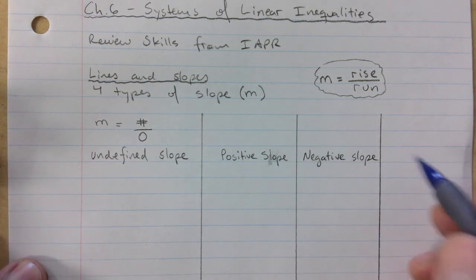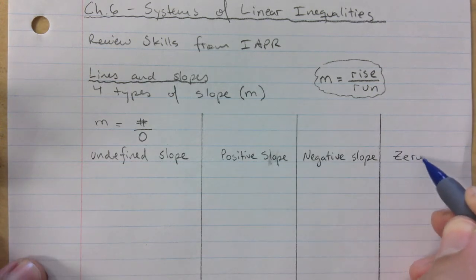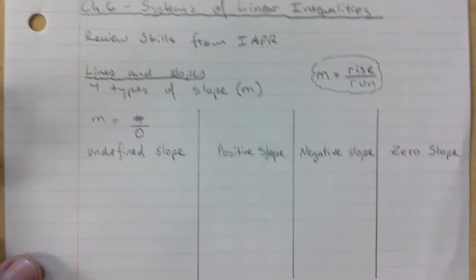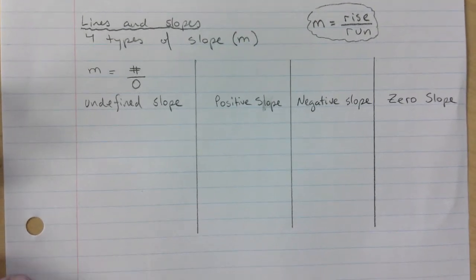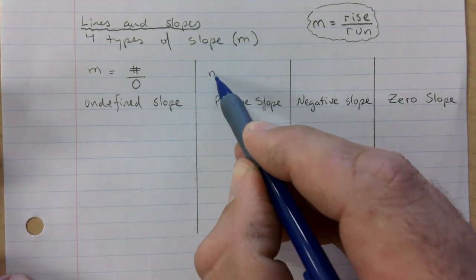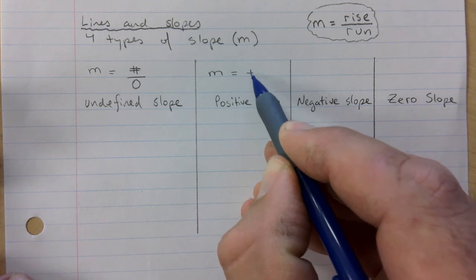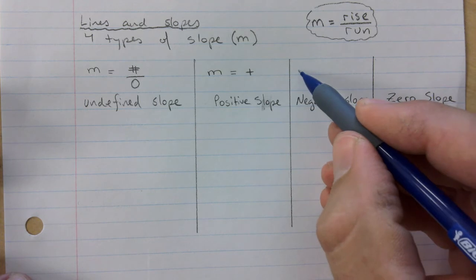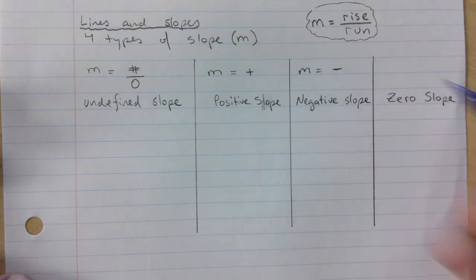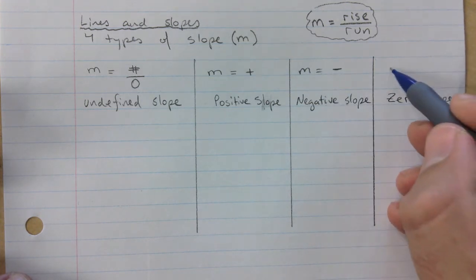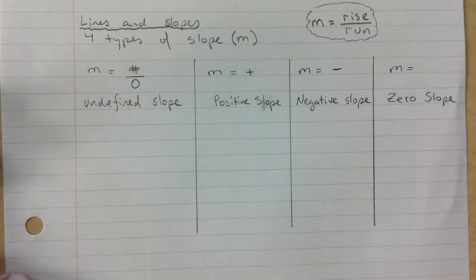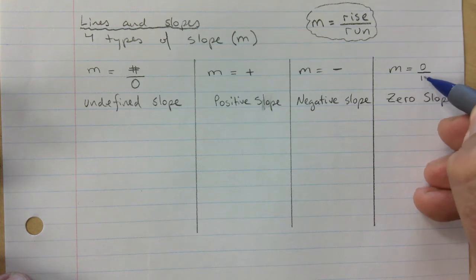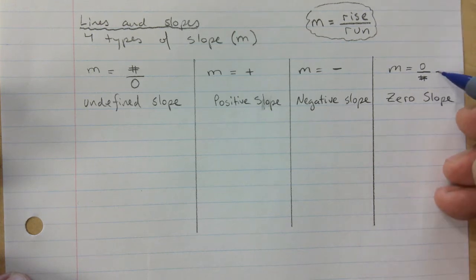And you have the 0 slope. So positive slope is of course, if you get your slope and it's positive, then obviously we call it positive slope. If you divide the values and you get a negative, it's a negative slope. And then the slope is 0 if it is 0 divided by any number. It is always 0.